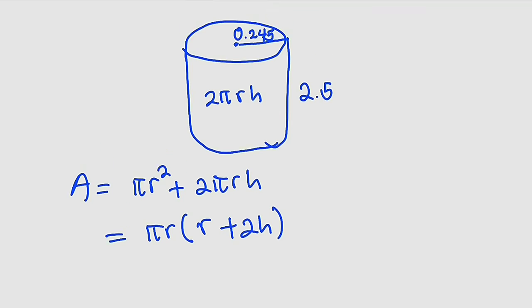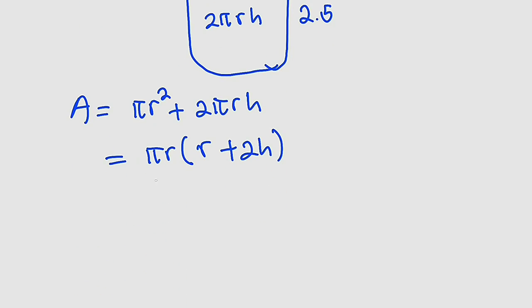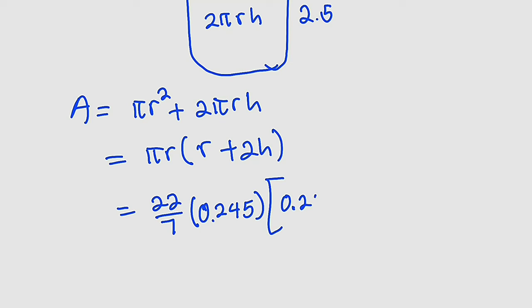Then we can substitute. Remember, they say we should take pi as 22 divided by 7. So this is equal to 22 divided by 7 multiplied by r, which is 0.245, then multiply by another radius 0.245, plus 2 multiplied by h, which is 2.5.